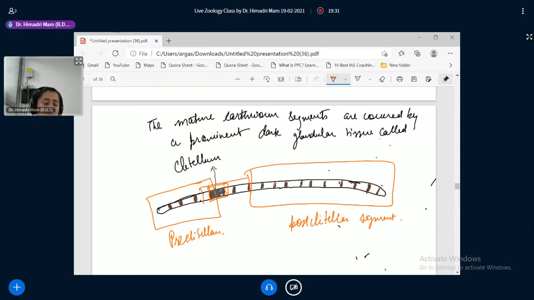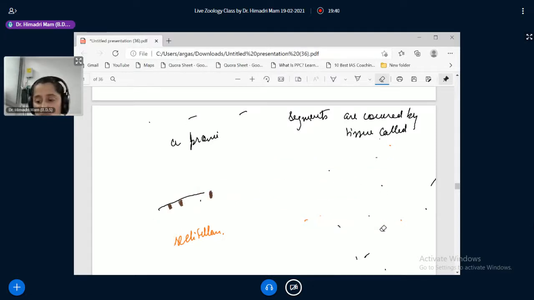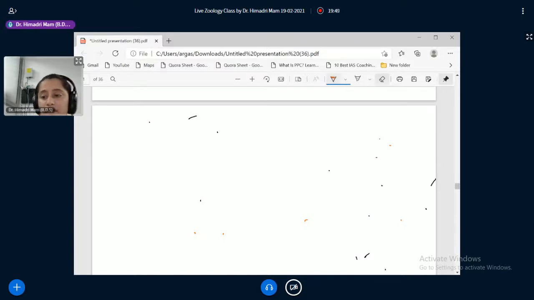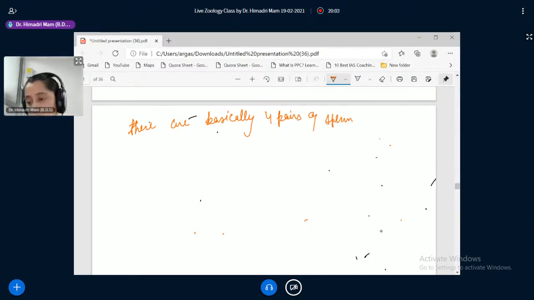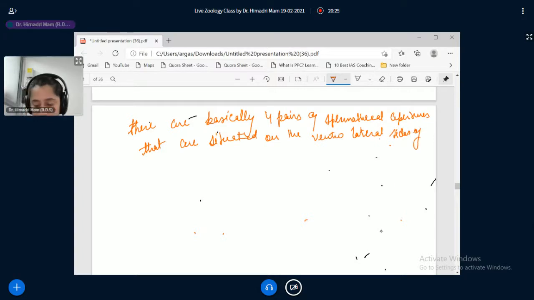Now there are basically 4 pairs of spermathecal apertures that are situated on the ventrolateral sides of the intersegmental groove.